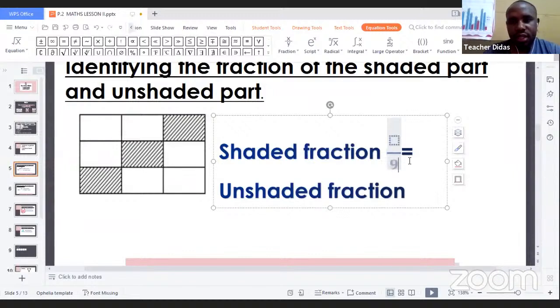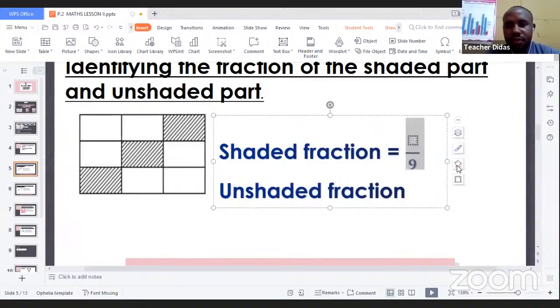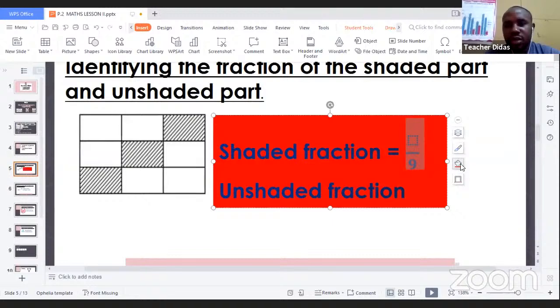What do we put up? Up here, we shall put the number of parts that have been shaded, or the ones which have not been shaded.